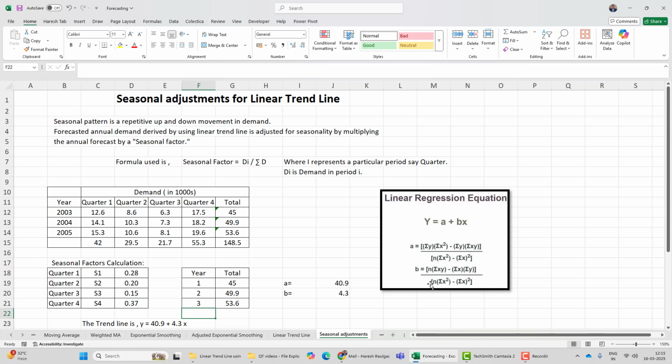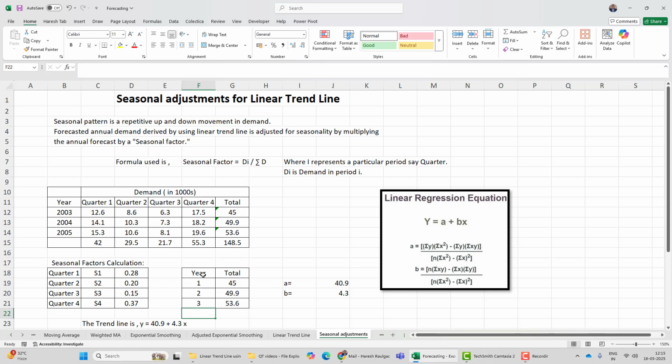In case you have not seen my previous video on the linear trend line, I suggest you see that so that you understand this. Using these two formulas we are going to calculate A and B. First we will have to create 2 more columns.